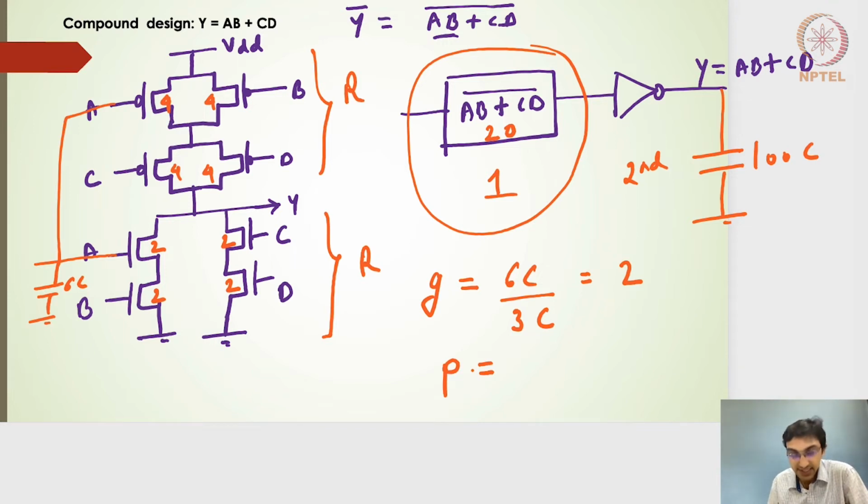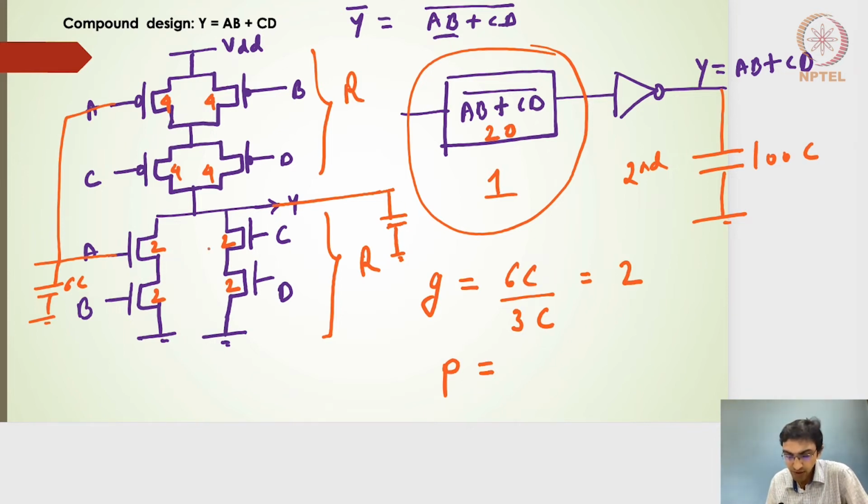The parasitics again have sizes such that we will get the same output current. So these sizes will ensure that I get the same rising or falling resistance with respect to the 2:1 inverter. So if I can find the overall capacitance seen at the output node, I can use that to estimate the normalized parasitic factor.